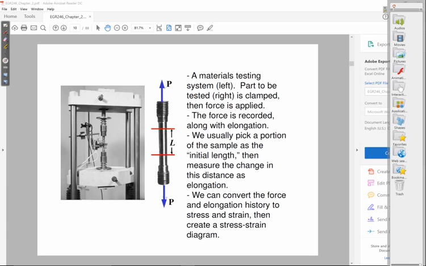Now, why all the different methods? Well, for a regular system that you might put on a bench top and that you might use to teach students, you use something that's electrical. You don't need large forces. You're not going to be testing super large parts, so usually an electric motor is going to work for pulling on those parts.